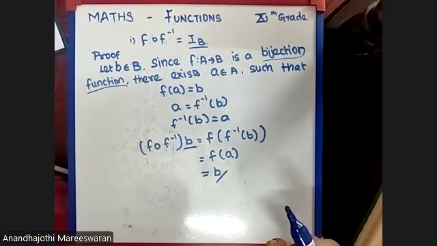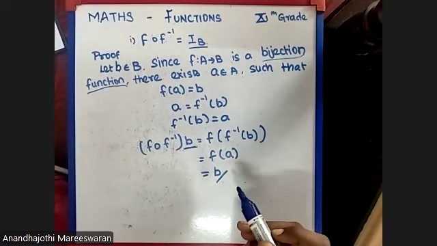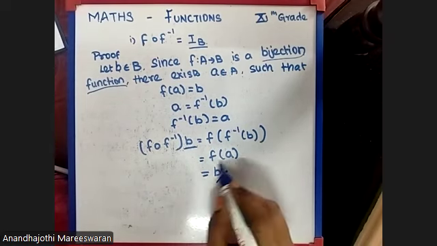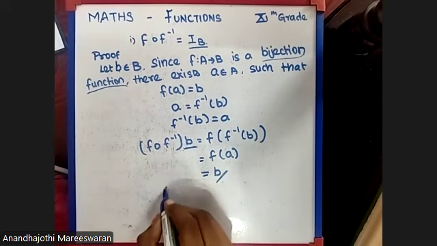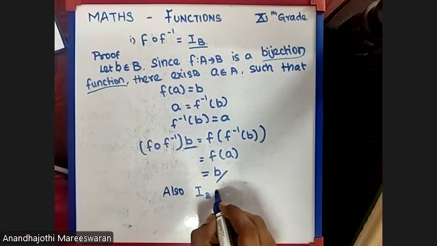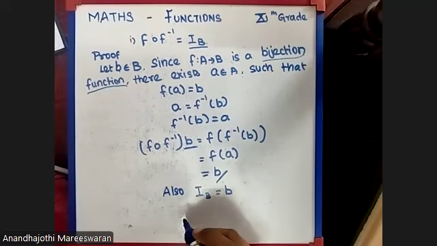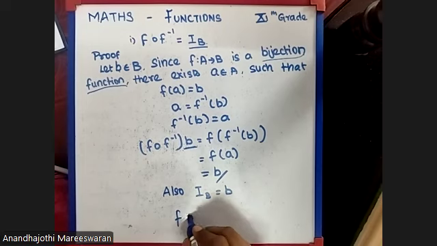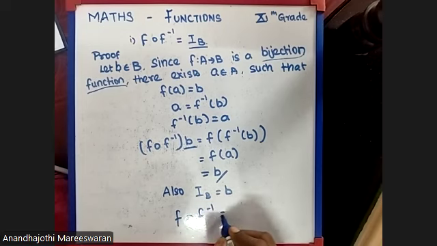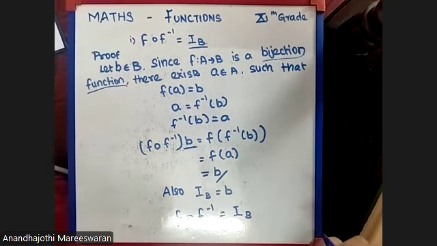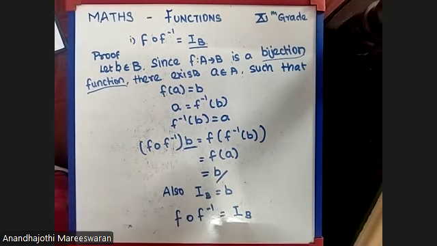The same element b. So here we can think what we replace here. We already know that I_B of b is equal to b. So I can replace it here, right? So f circle f inverse is equal to I_B. Right? I proved it. Sorry, we proved it, right?